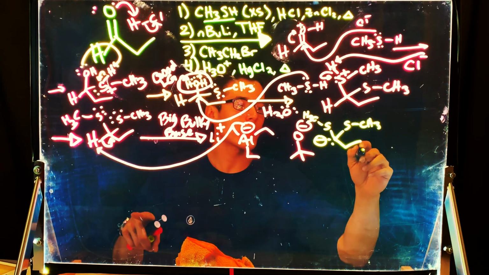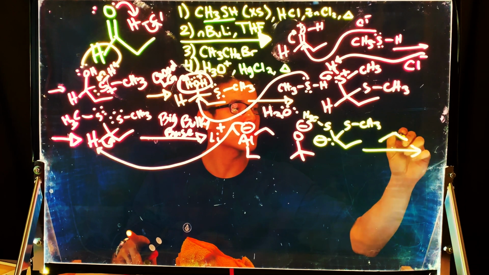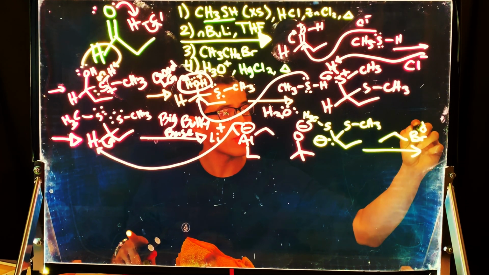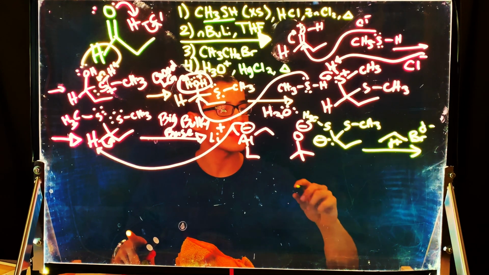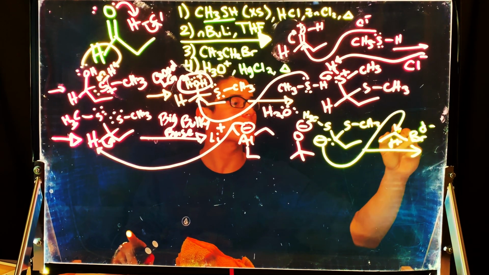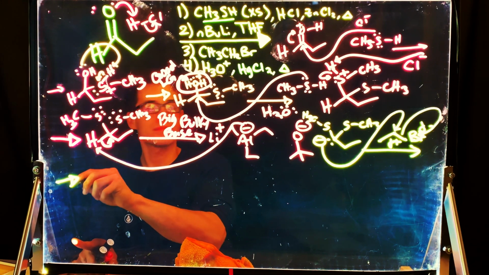So then if I react this with step number 3, here's our CH3, CH2, and our Br. I see a good leaving group, and I see some partial negative charge pulling on the carbon, making this partially positive. Nucleophilic attack on the electrophilic carbon. What's that going to give us?